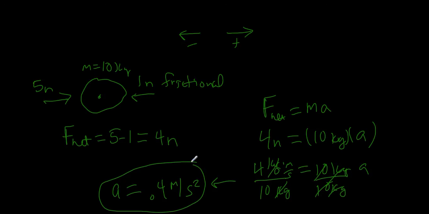So it shows that if we have less force than before, we have less acceleration. That's what we mean by proportional: the more force, the more acceleration; the less force, the less acceleration. And that, in pretty easy terms, is Newton's second law.